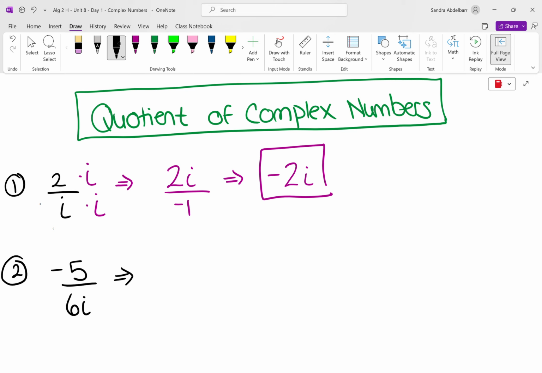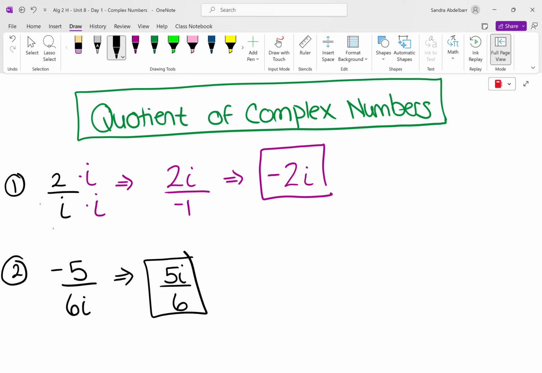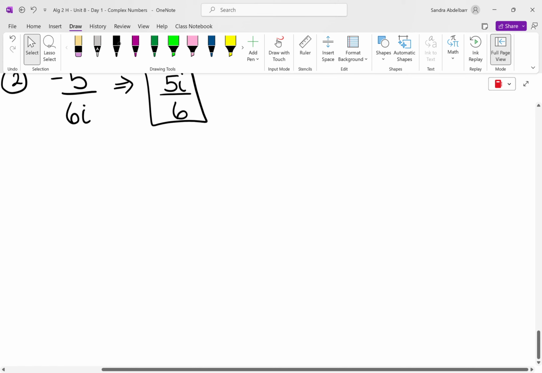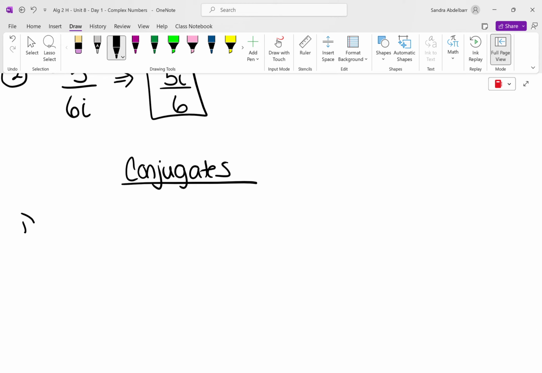Phillips are holding up the class today. Somebody else. Kai, what'd you get? 5i/6. I got the same. Does anybody need to see me do it? We're good? Okay, so now let's step it up a little bit. Let's talk about conjugates. So let's say I have 3 plus i over 2 minus 3i.